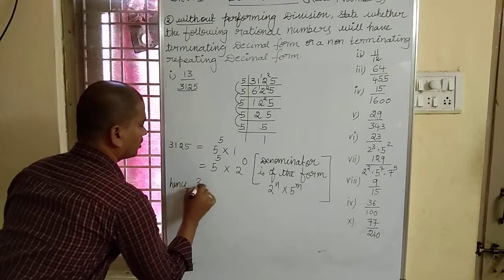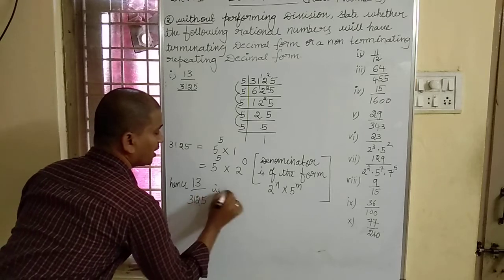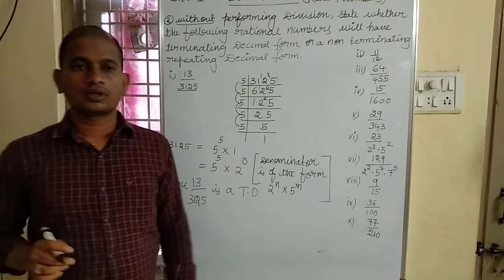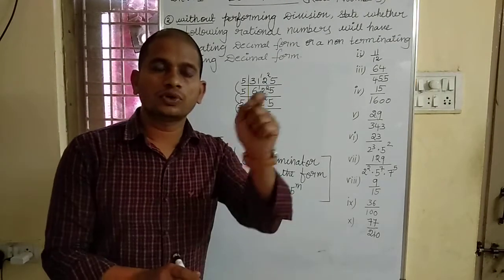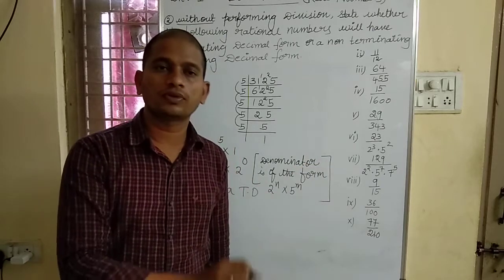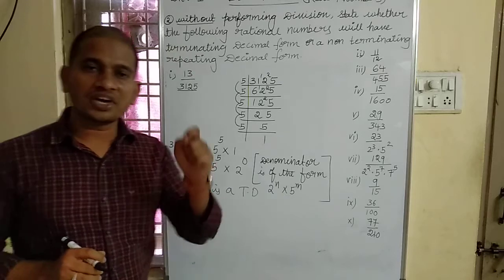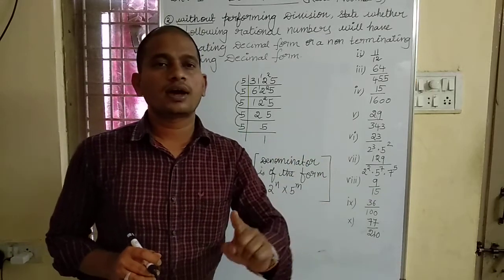Hence 13 by 3125 is a terminating decimal form. See, if the denominator is of the form 2 power n into 5 power m, it is a terminating decimal. If it is not in the form of 2 power n into 5 power m, it is a non-terminating decimal.